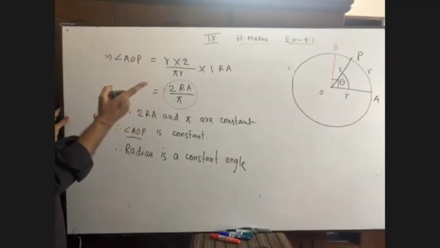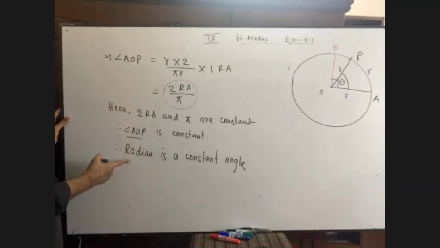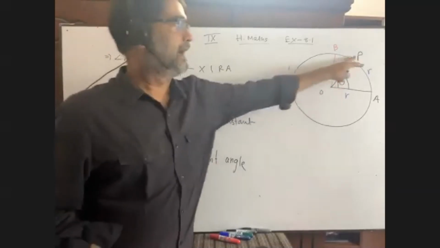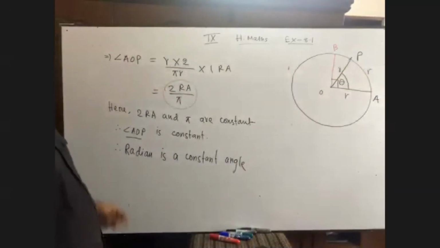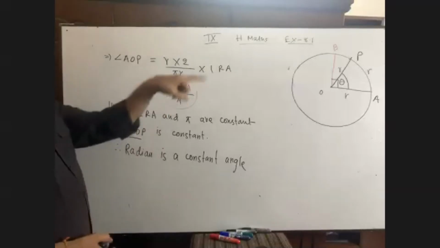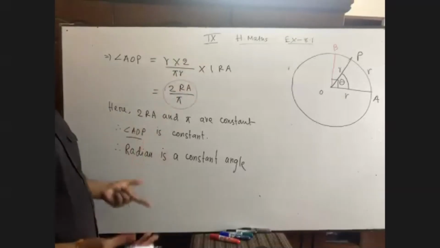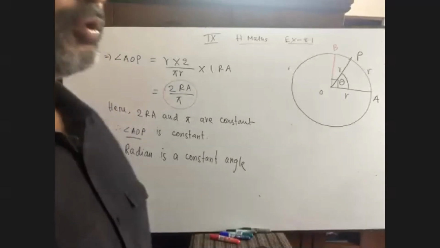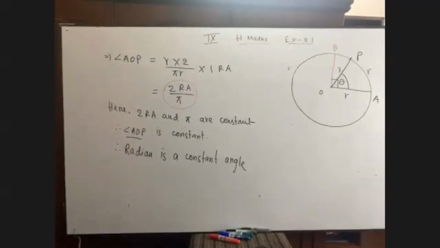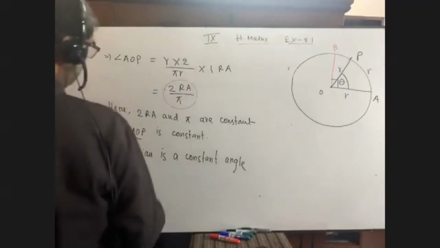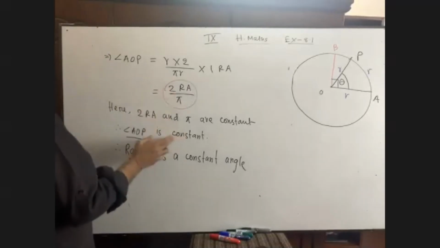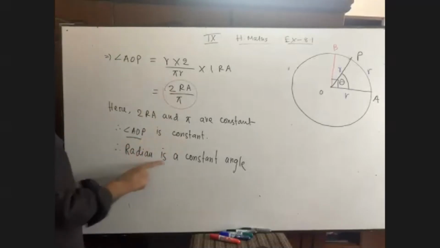I told you in the definition of radian that the angle formed at the center of a circle by an arc equal to its radius is called a radian. So angle AOP is a radian here because angle AOP has been formed at the center by the arc AP, which is equal to the radius. So we will call angle AOP a radian. We have proved AOP is constant, that is, radian is constant.